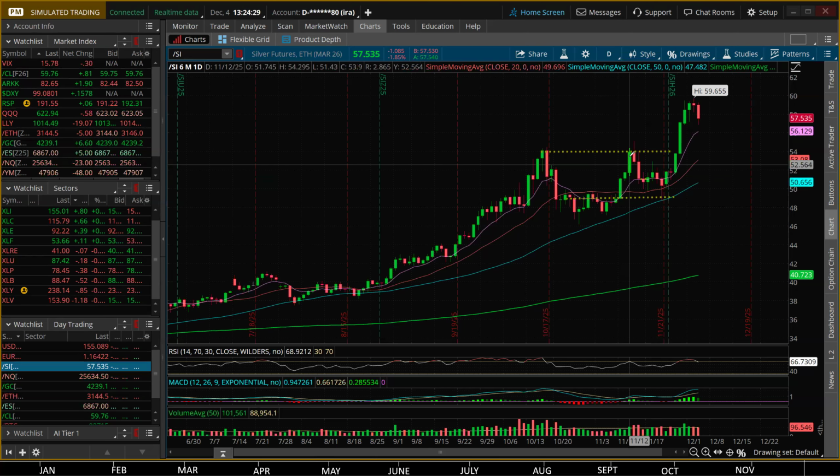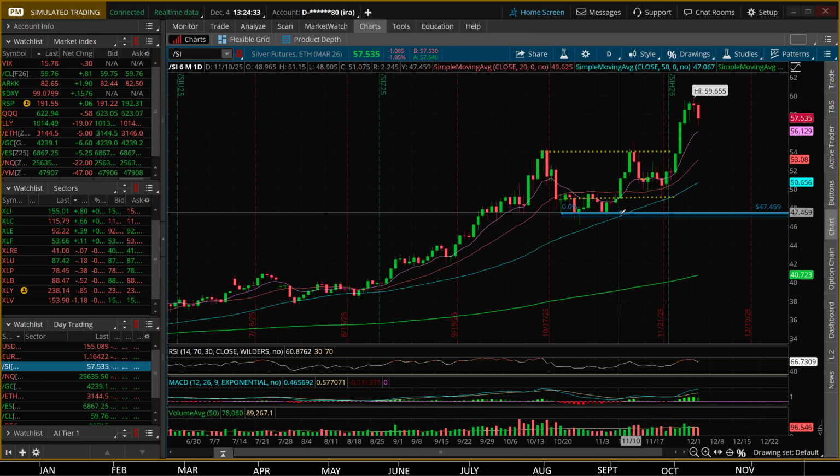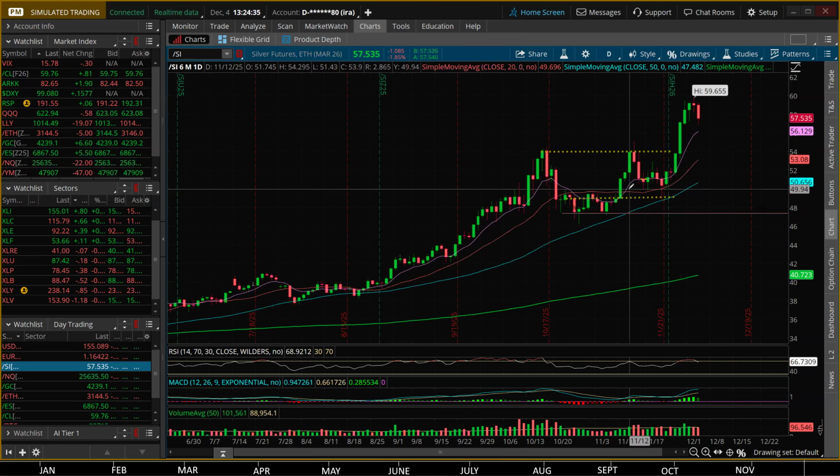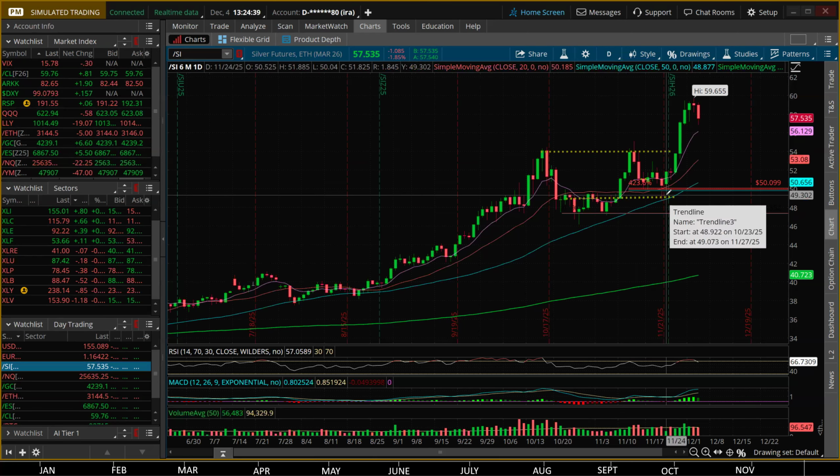And so when you see that reset into support and it increases support from this level right here to this level right here, all of a sudden that distance going into the breakout is shorter. And because it's shorter, it's going to take less momentum, less buyers, less catalysts, less everything to propel that breakout.